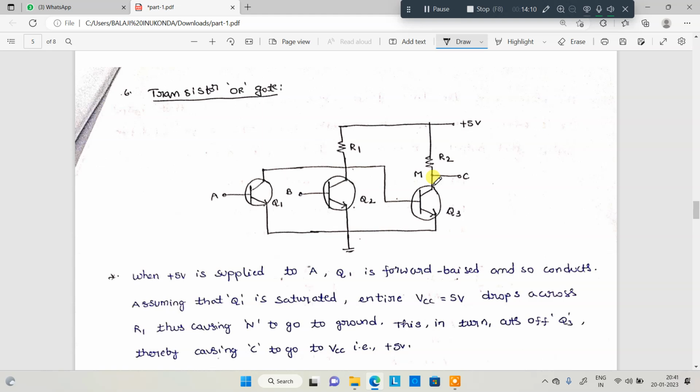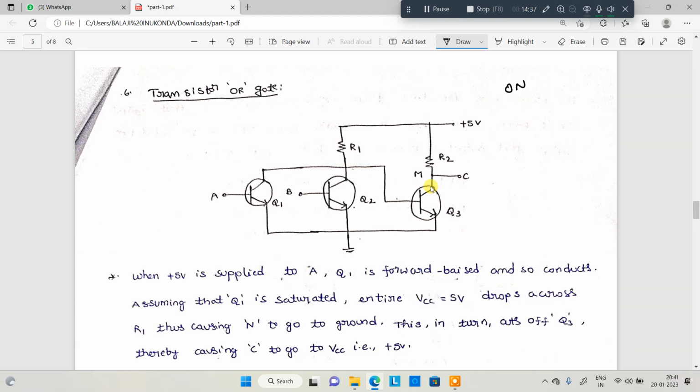Next, the transistor OR gate. In the case of transistors, two transistors Q1 and Q2 are connected in parallel, connected to the main resistor. A transistor has 3 states: the cutoff region, the active region, and the saturation region.